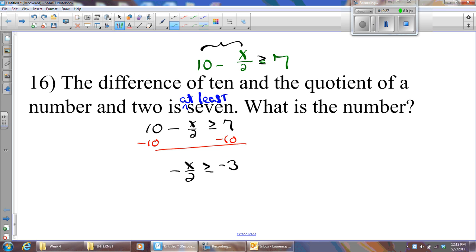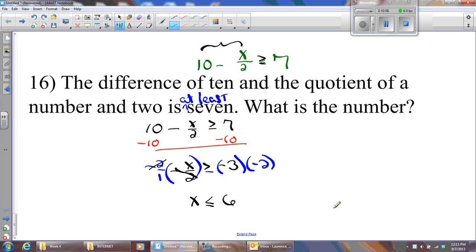And now I'm going to multiply by negative 2 on both sides. And whoop, whoop, whoop, whoop, you should have some warnings going off here. When I multiply or divide by a negative, the inequality changes direction. Negative 3 times negative 2, positive 6. This negative 2 will cancel with that negative 2. I'll be left with x.